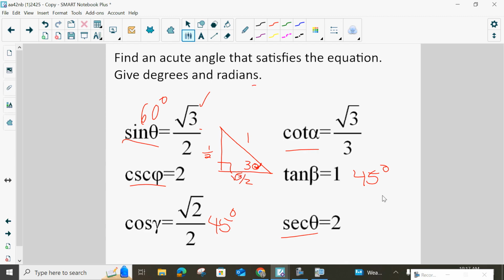We just set up here that the sine of 30 was not rad 3 over 2, so it had to be a half. So is cosecant's answer 30? It is, right? They're reciprocal functions. So I did sine of 30, so that is 30.